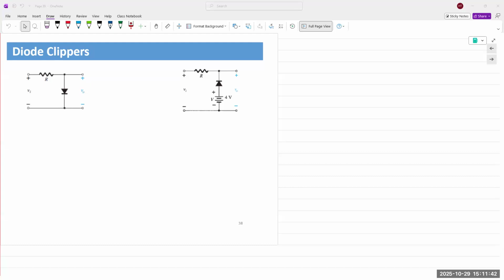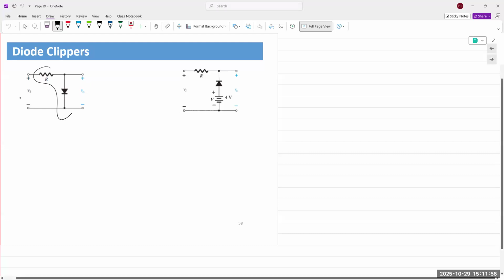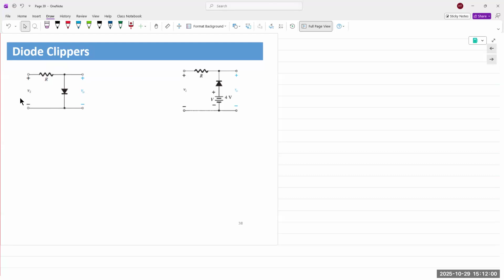Okay, so we have these diode clipper circuits. And usually what I like to do is use the ideal diode model to explain the operation of these kinds of circuits. So here we have a diode in series with a resistor, output taken directly across the diode, right? We've seen a variation of this.